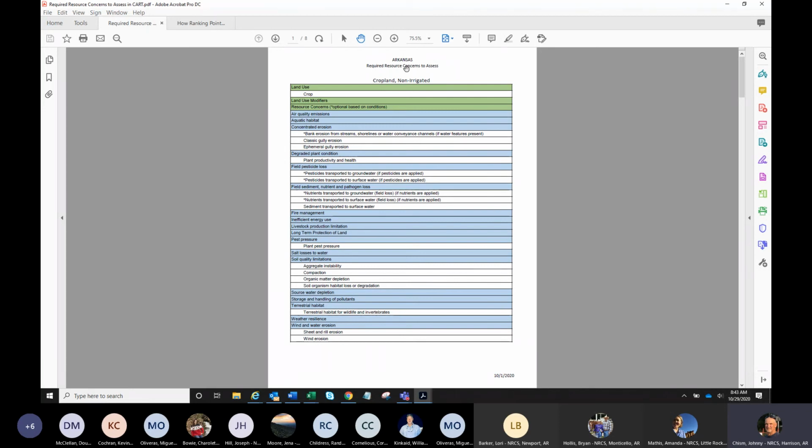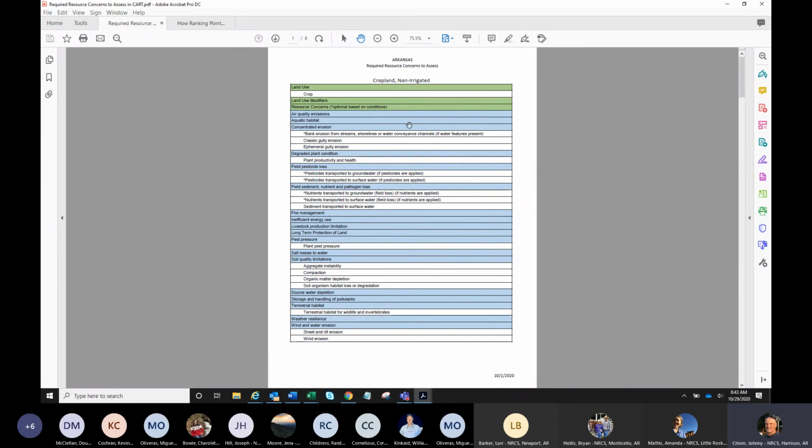And if everybody assesses wind erosion on cropland, those that have a wind erosion problem and they're doing a cover crop, it helps that. So anyway, I think a lot of those are things that I didn't really think much about. But some of these things like aggregate instability are based on the soil type in the field, and sometimes it might be a problem out there that we didn't even know.